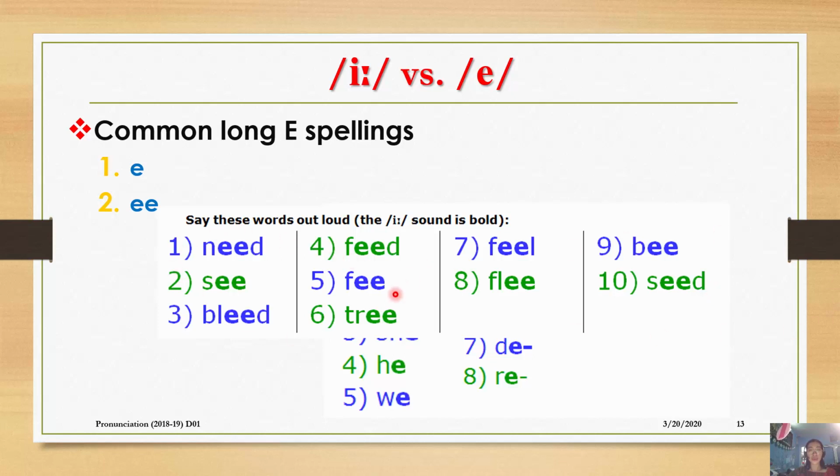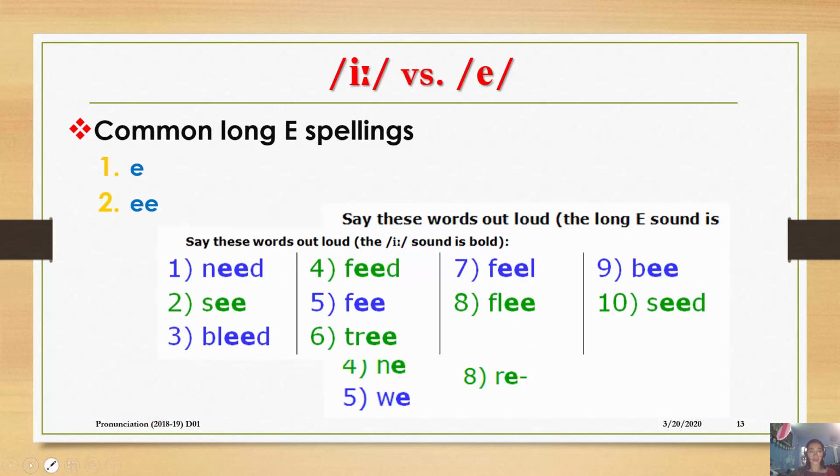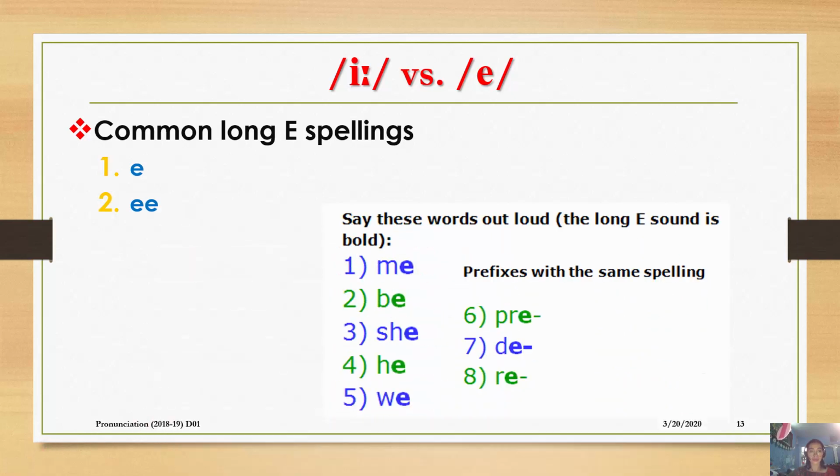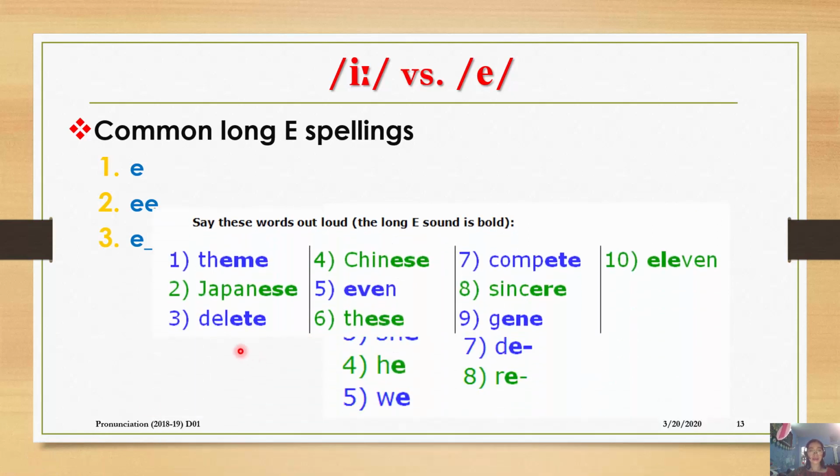So in these words, double E is pronounced as the E sound. E, E, as in theme, Japanese, delete, Chinese, even, these, complete, sincere.